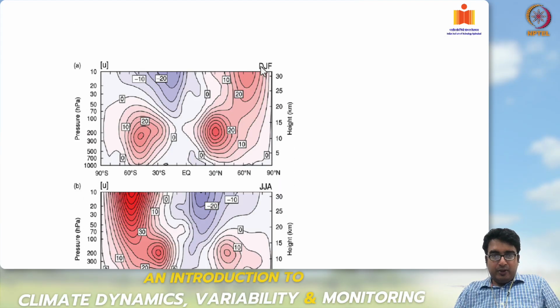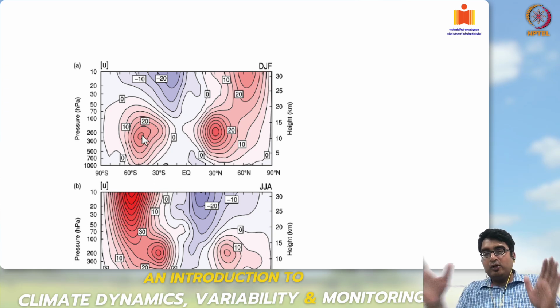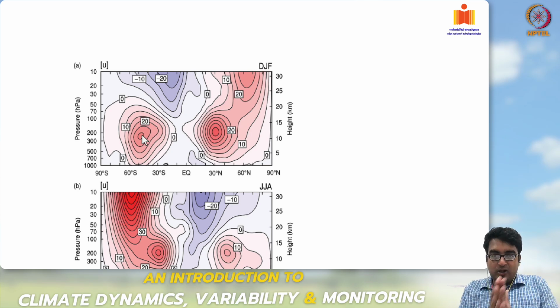In December, January, February, you have the aloft westerlies in this zone and the aloft westerly in the southern hemisphere in this zone. So it has moved further south in the southern hemisphere, to around 40 to 50° south latitudes, where the convergence of the Ferrel cell and the Hadley cell occurs.